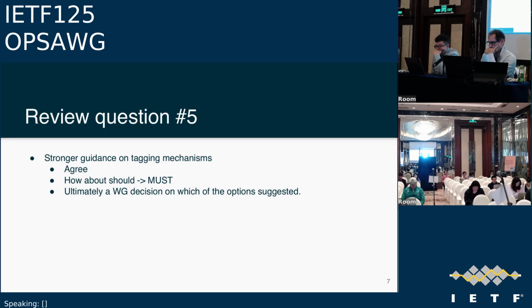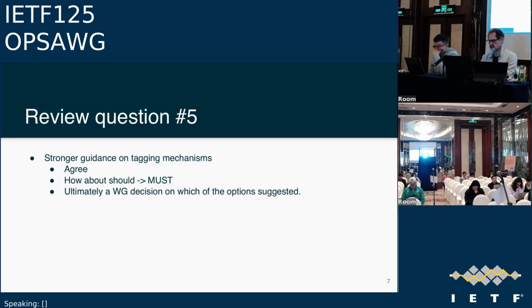The fifth question / comment was stronger guidance on tagging mechanism. I want to pause here because I think this is an important part of Velos. Overall, I would say I agree with the premise that yes, we need stronger guidance on how we're going to tag particular versions of the module.